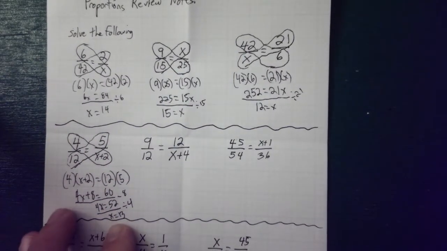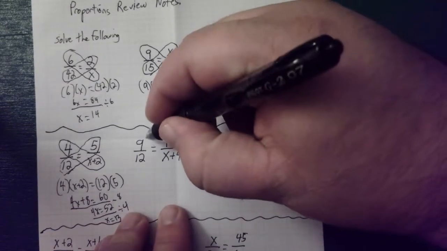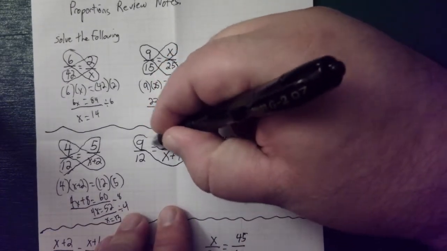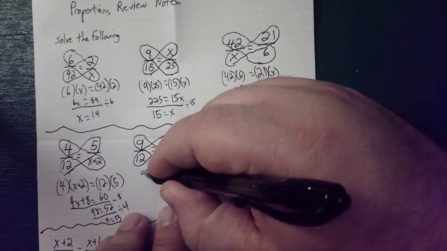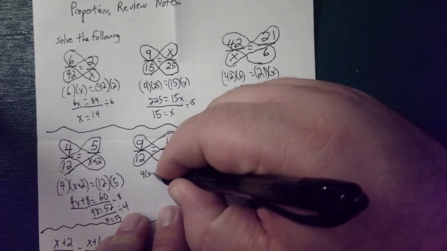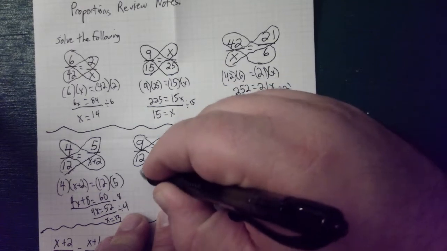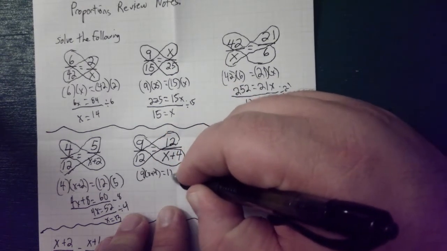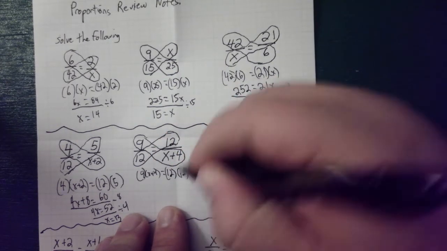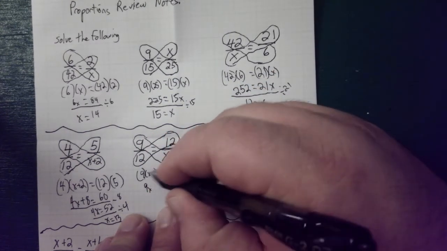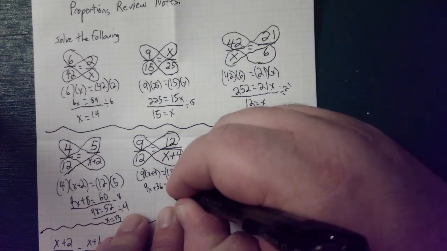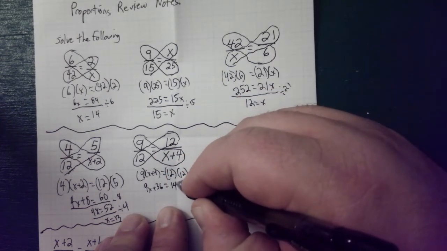All right, so this next one, again, cross multiply that and that. We're going to have 9 times x plus 4, and that's going to equal 12 times 12. 9 times x is 9x, 9 times 4 is 36, and 12 times 12 is 144.